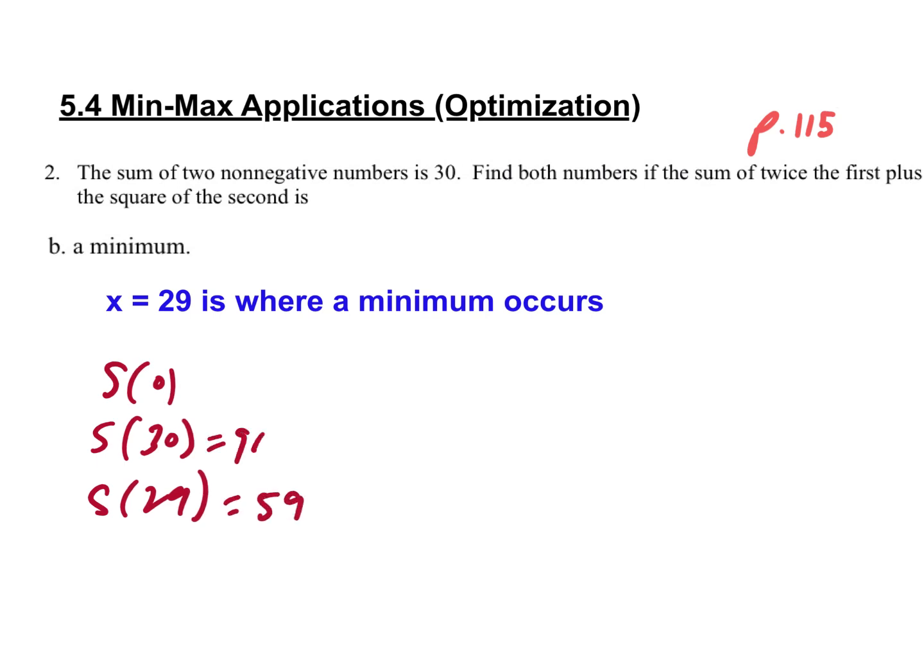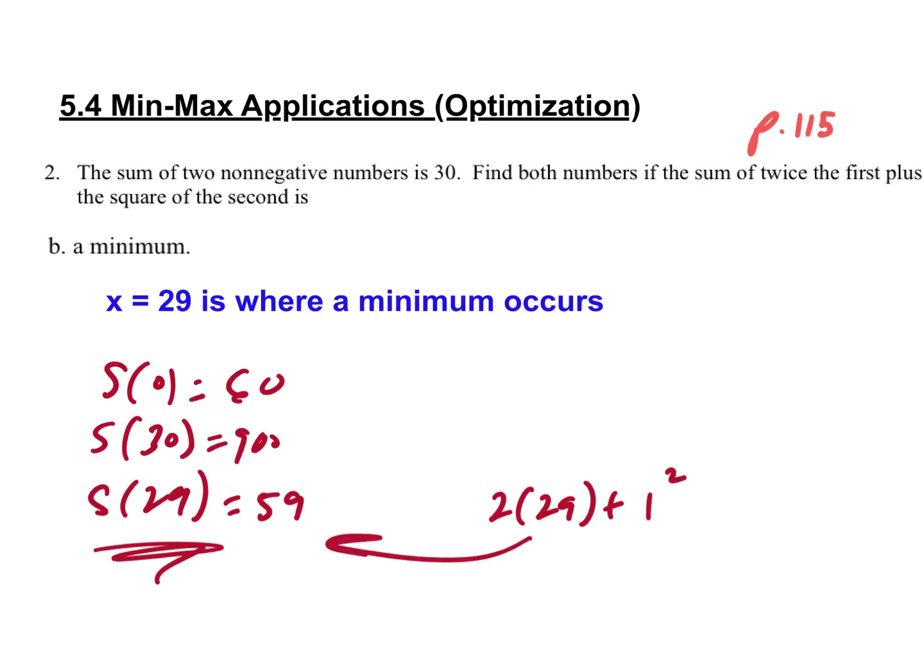We already know that this is 900, and we already know that this is 60. So yes, it does actually occur there. Well, we don't need to test them. We just need to think about it. We figured out S of 0 and S of 30, but we need to verify that, in fact, S of 29 is less than 60, and it is. Because if we look at 2 times 29 plus, now that forces y to be 1. That's where the 59 comes from. So yes. Now we can definitely say it is not just a local minimum, but it's a global minimum.